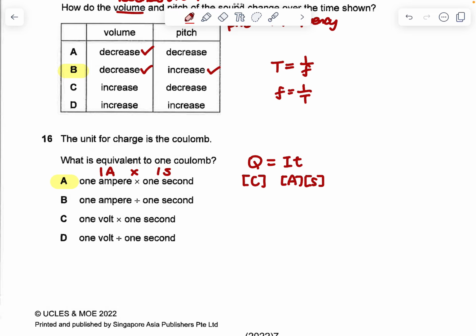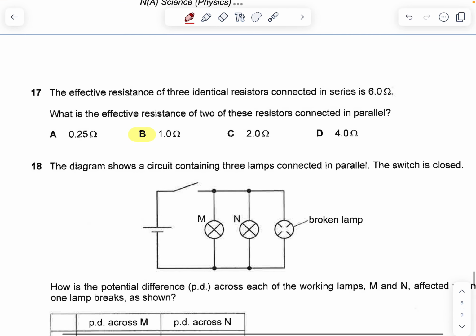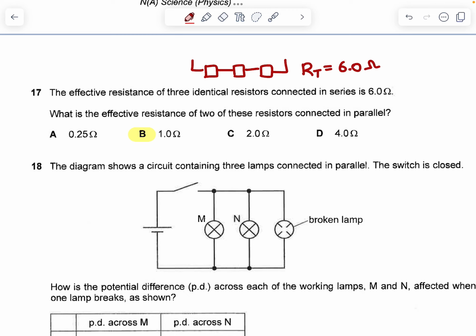Question 17. The effective resistance of 3 identical resistors connected in series is 6 ohms. Connected in series 1, 2, 3. The R total is 6.0 ohms, which means each of them is 2.0 ohms.